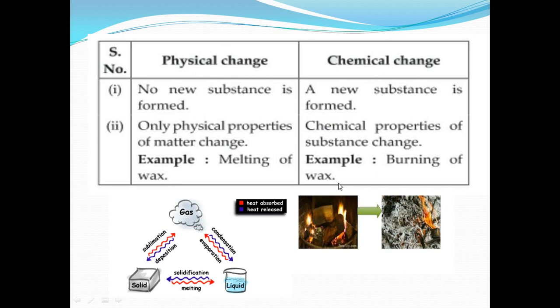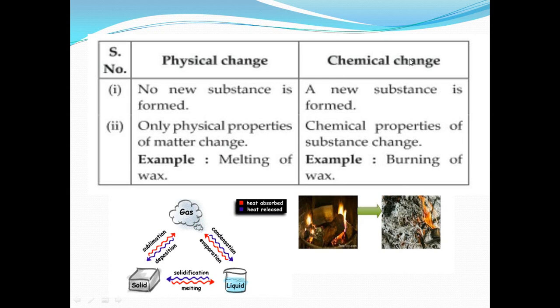How can the wax change into another substance? By burning. What's happening after burning the wax? Yes, it changes into ash, carbon dioxide, water vapor. Can you change the wax after burning into wax again? No, it's impossible. So this is called chemical change.